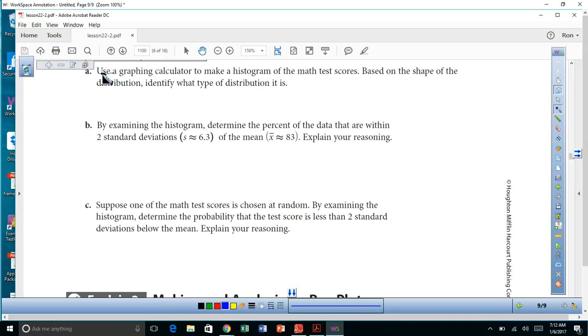So the distribution has a central mound and symmetric tails.